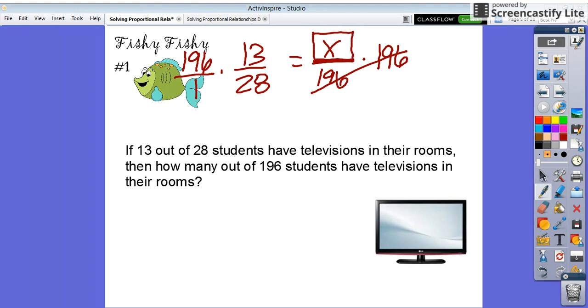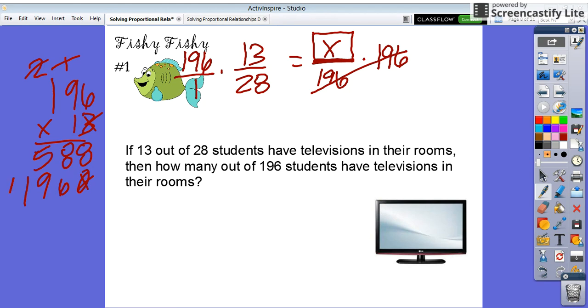So 196 times 13. When you multiply that out, I'm just going to work these out really quickly for you. Okay.